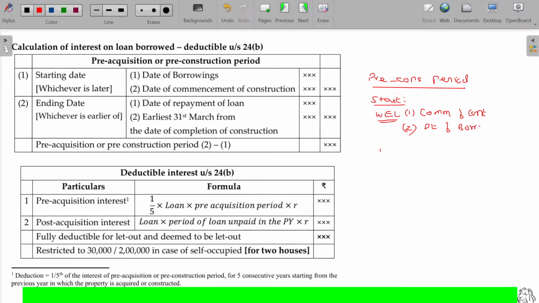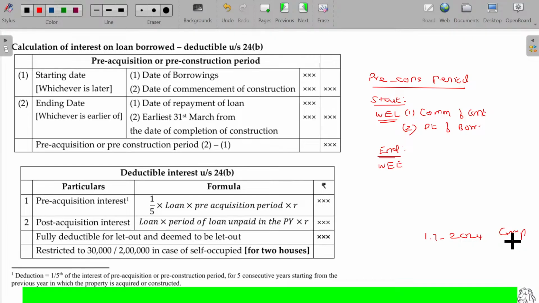And what about the ending date, sir? The ending date is whichever is earlier of the date of completion of construction and the date of repayment. The date of completion of construction being 1/7/2024. Completion, so automatically that will be the end date.